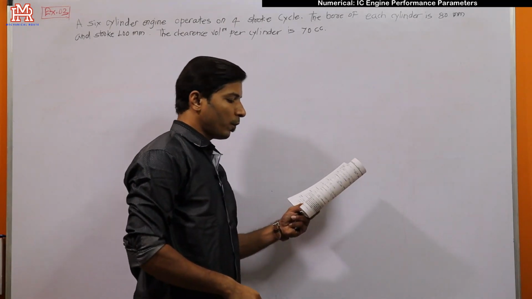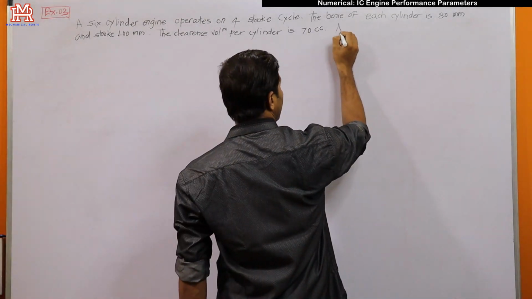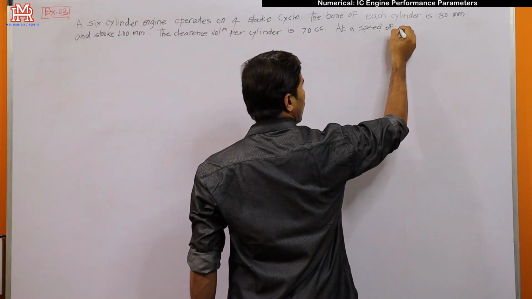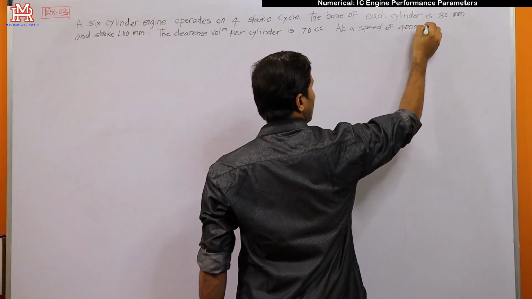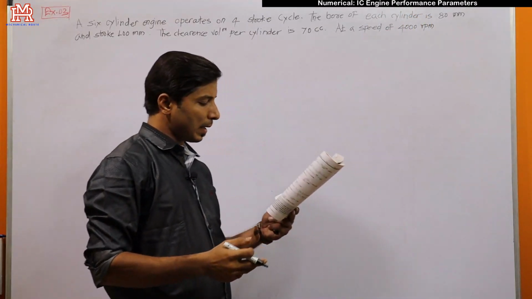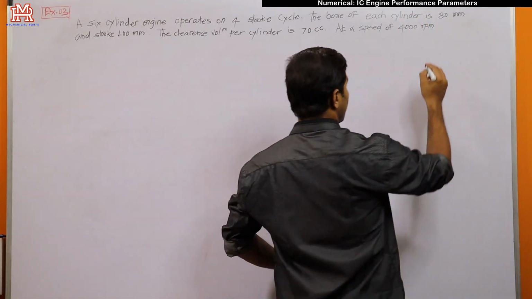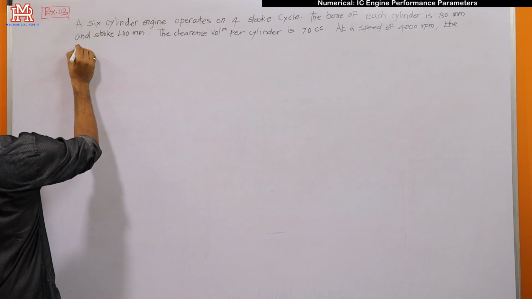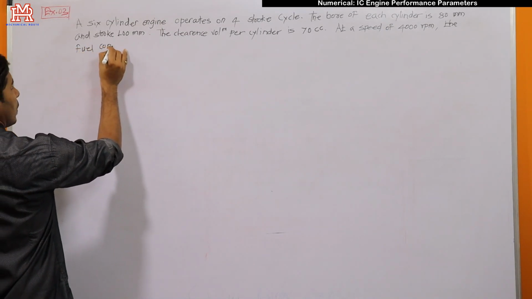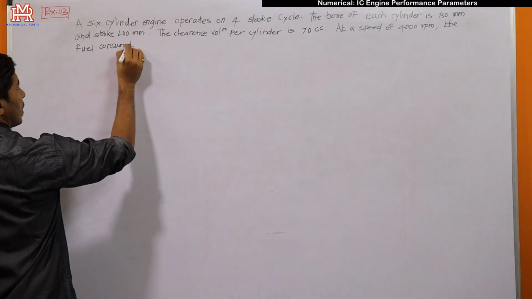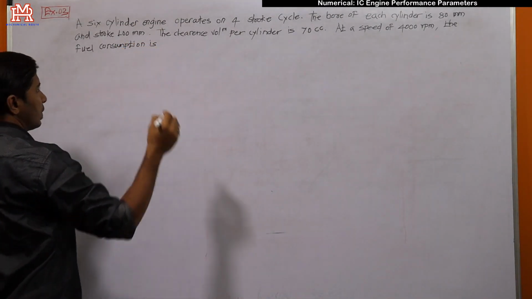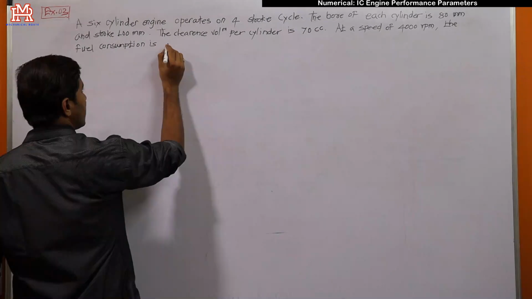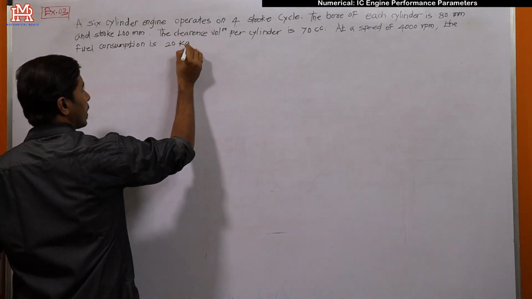Then at a speed of 4000 rpm, N is given, the fuel consumption is given as 20 kg per hour.